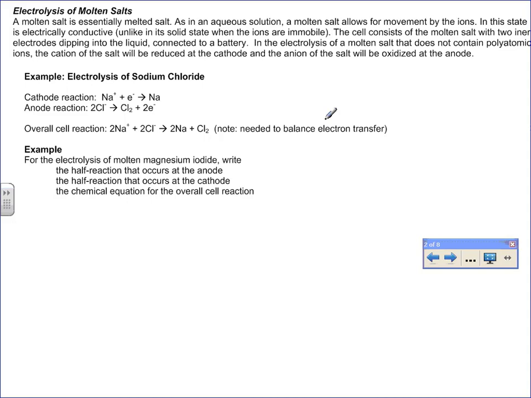When you've got electrolysis of a molten salt, what you are doing is the opposite of forming the ionic compound.